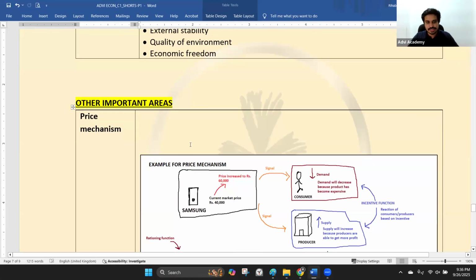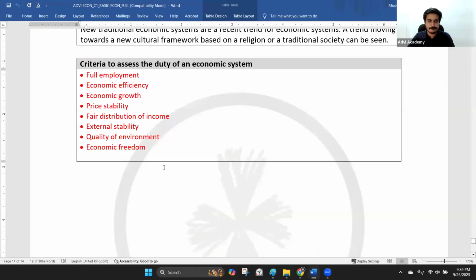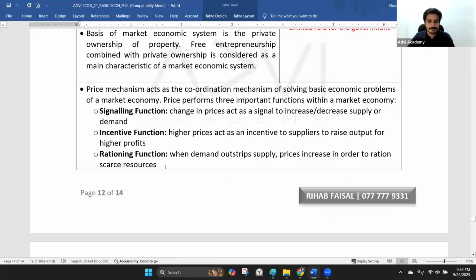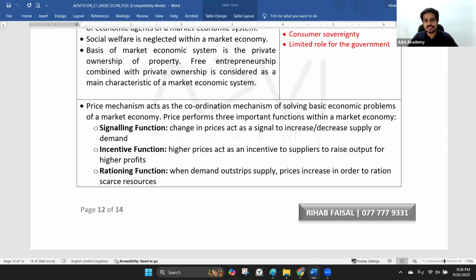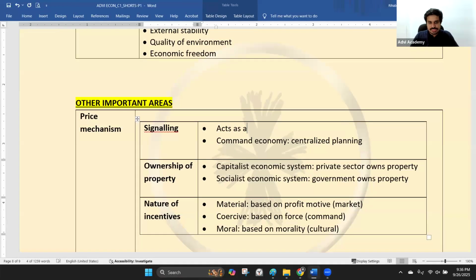So then it's already there in the tube, so you can just remember it like this. Signaling function means change in price.